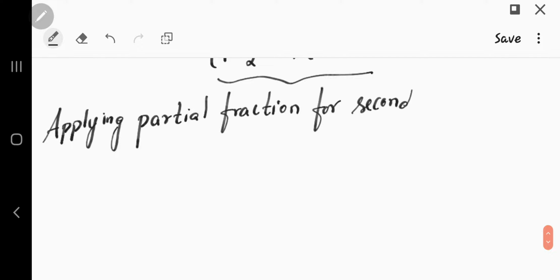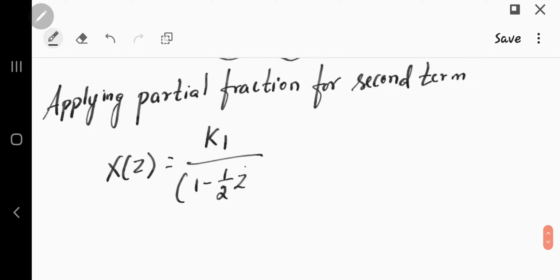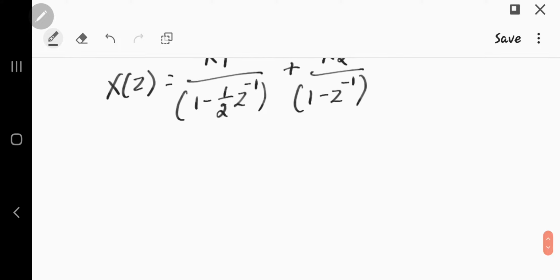You have to mention that clearly. We are applying the partial fraction for the second term. So X of z is equal to k1 divided by 1 minus 1 by 2 z inverse plus k2 divided by 1 minus z inverse.